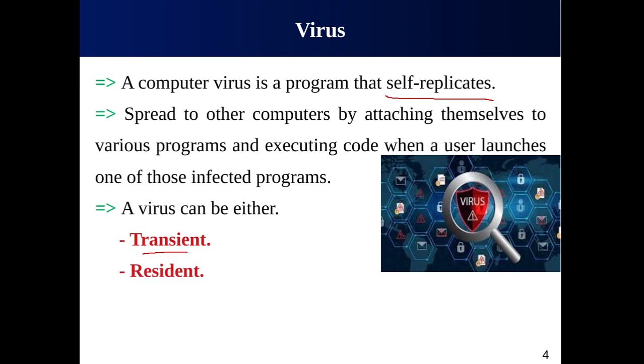During its execution, the transient virus may spread its infection to other programs as well. As long as the program to which it is attached is executing, the chances of the spread of the infection are there. Once the program is terminated, the virus is no longer active.